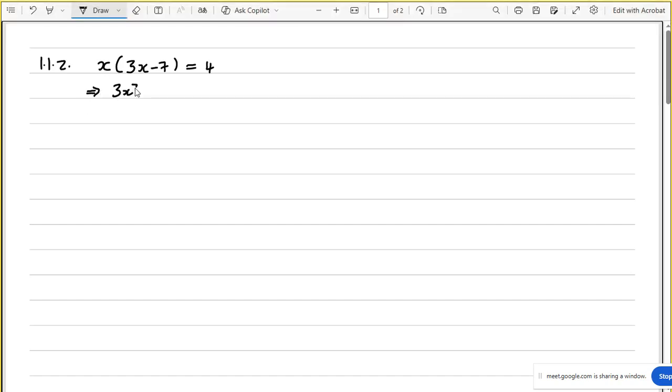This is 3x squared minus 7x. Then we bring the 4 this side to be negative and equate everything to 0. So if you use the quadratic formula, this is minus b plus or minus the root of b squared minus 4ac, and everything is divided by 2a.